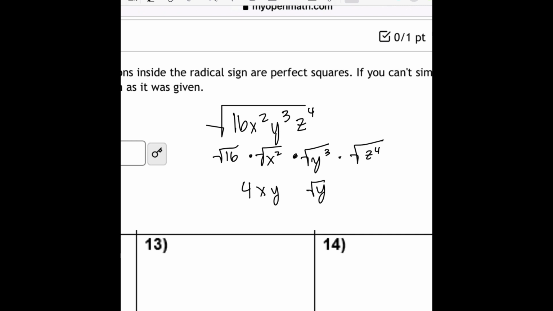And then z to the fourth, the square root. Just remember this is z squared times z squared, which is the same thing as z squared squared. So that one and that one cancel, and you actually have z squared come out. Okay, so you're just looking for those pairs, those perfect matches. And anything that doesn't have a perfect pair gets left in the square root.